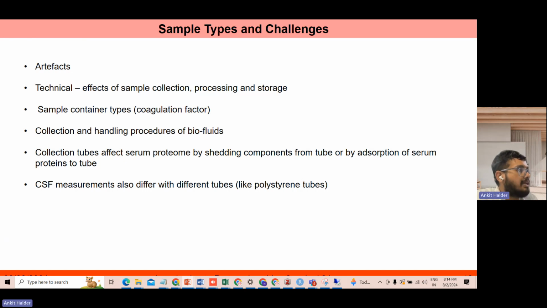So what are the sample types and challenges? Now this is very, very important for you all to look into. After a few weeks, you would be introduced to mass spectrometry based proteomics and data analysis, hopefully.